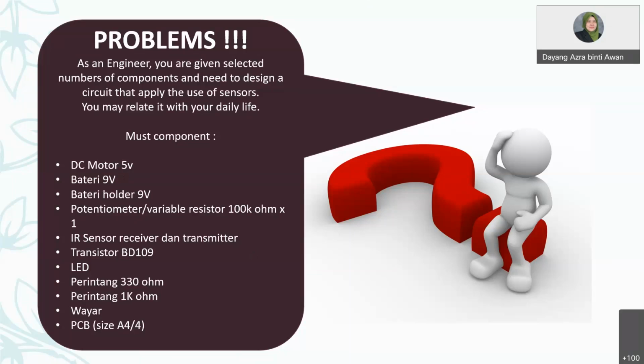It's just an example if you want to make an IR or motion detector car. You need your holder, everything, the IR sensor, the transistor and everything. So this is a must component. If your component doesn't have a DC motor, it's also okay. It depends later in your proposal.